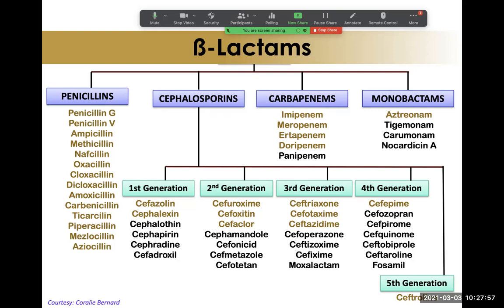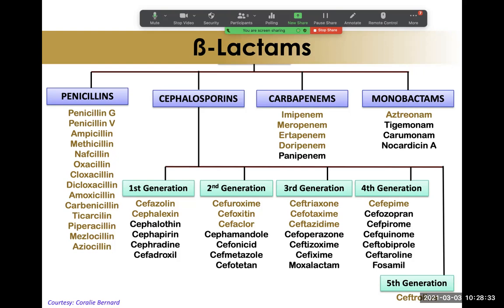We don't have a lot of time to go through the history, but many of you probably know the story of Alexander Fleming, who was lazy to clean, and he left his plates on his bench and went on a Christmas break and came back and found, as he was going to throw those plates away, a zone of clearance, and he saw something in the middle, which now we know is a fungus, and the bacteria's growth was inhibited. And it took another 20 plus years for his students to purify penicillin.